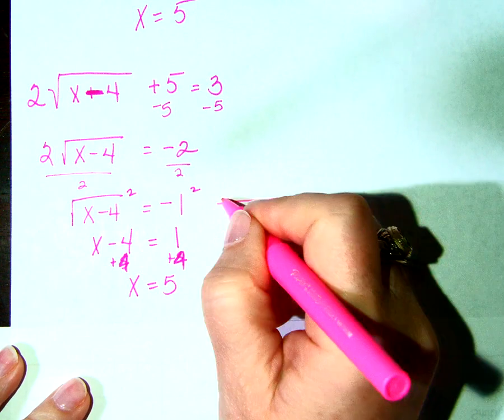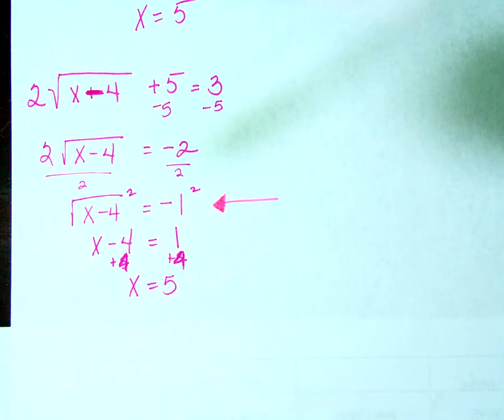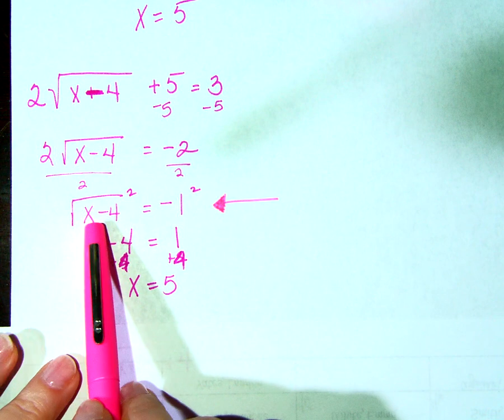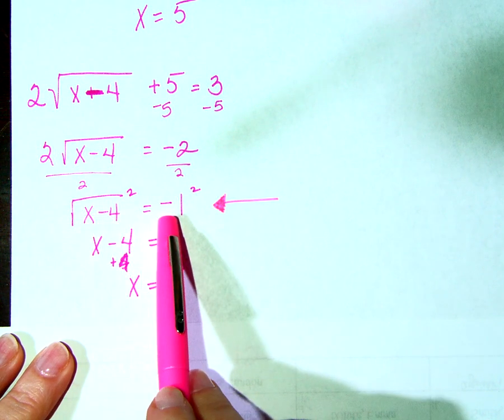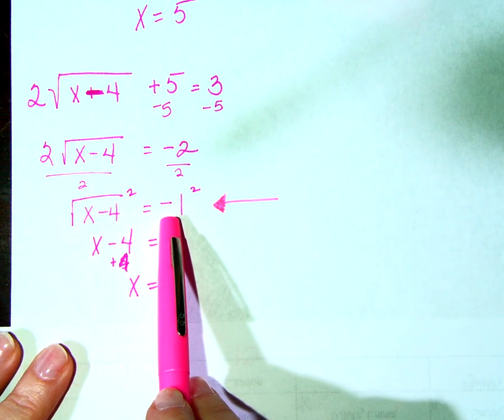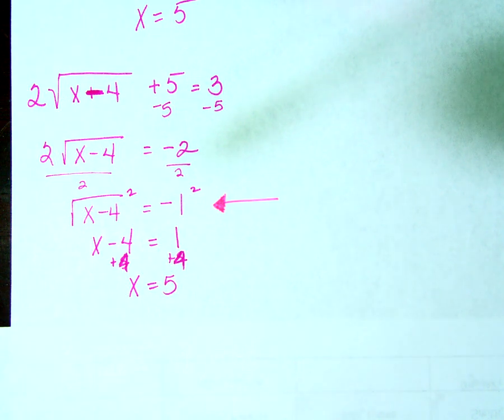This is where I need you to look right here. What number can I take the square root of that will give me an answer that is negative? Nothing, right? Nothing.